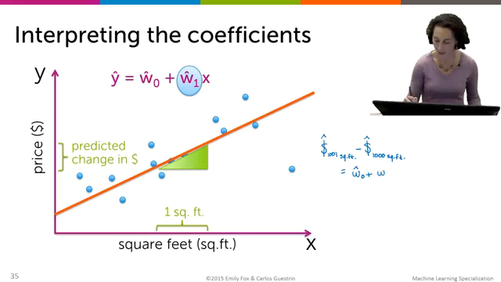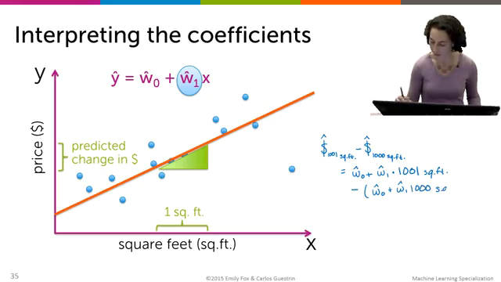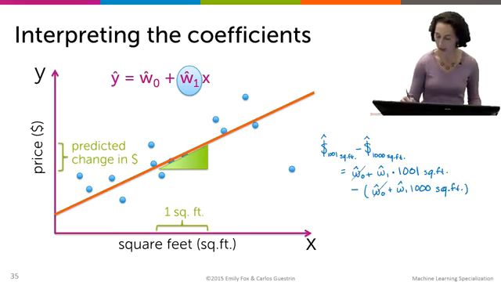I'd take w hat 0 plus w hat 1 times 1,001 square feet. And then I'm going to subtract, for the second term, its estimated value, which is, again, w hat 0 plus w hat 1 times 1,000 square feet. And these w hat 0s are going to cancel, and the difference between these numbers is just 1, so this will just be w hat 1.